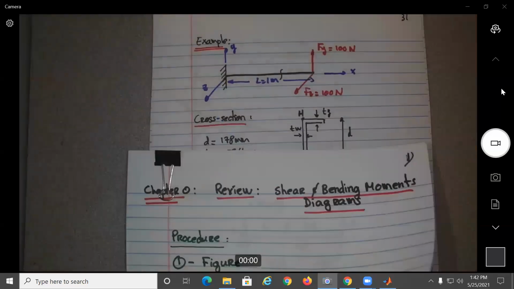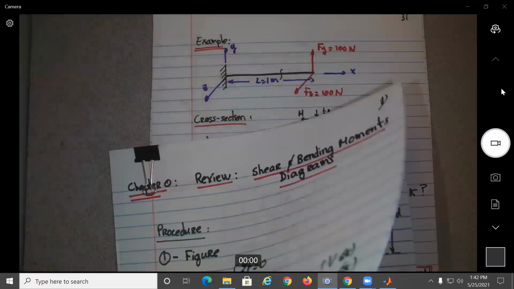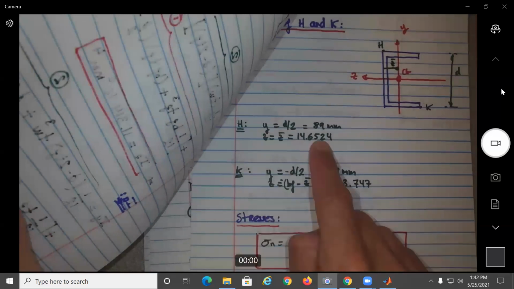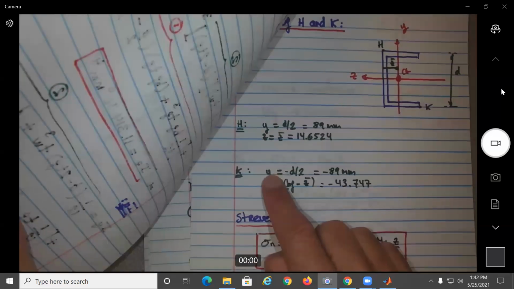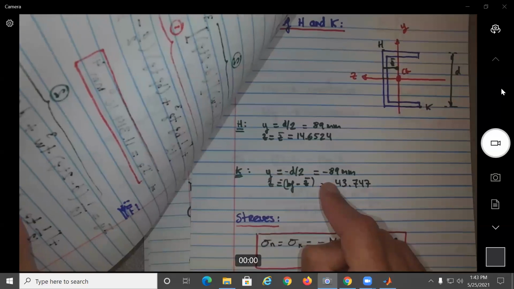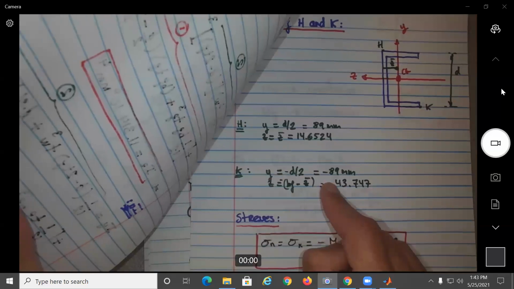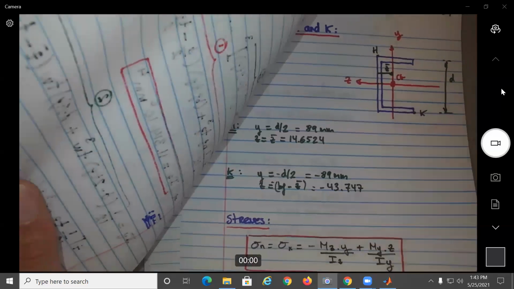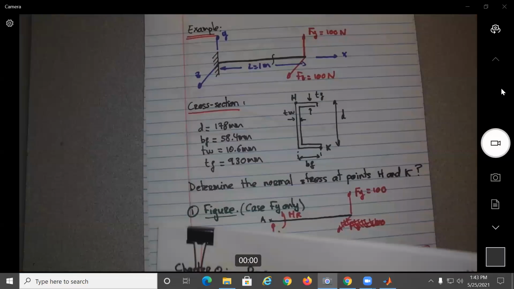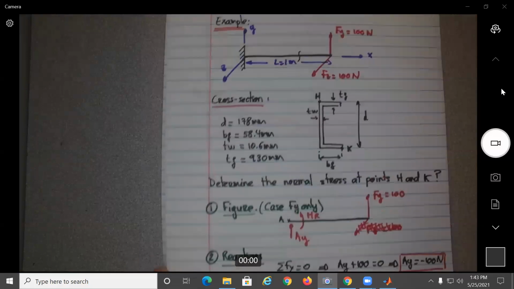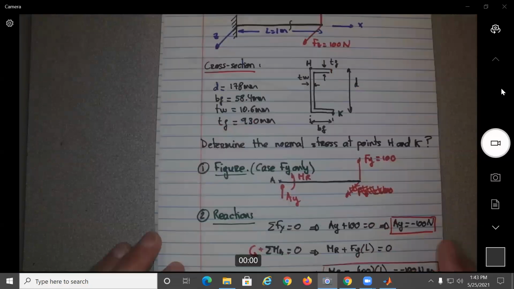And then we also found the CG, the location of point H, and the position of K. So let's do it. What I'm trying to do is show you how to do your problems, checking every single step. I could do everything and then do the other one, but that's not what I want to show you.